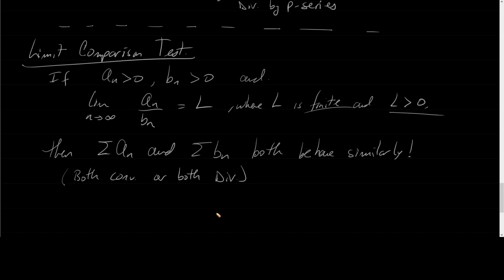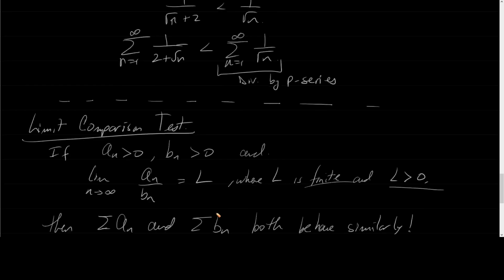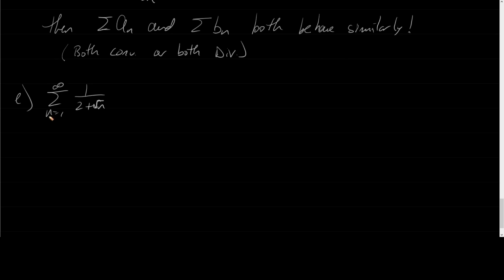All right, let's go back to this example over here, E. We had the series from n equals 1 to infinity of 1 over 2 plus radical n. Now I want to compare with the series from n equals 1 to infinity of 1 over radical n, n to the 1/2.